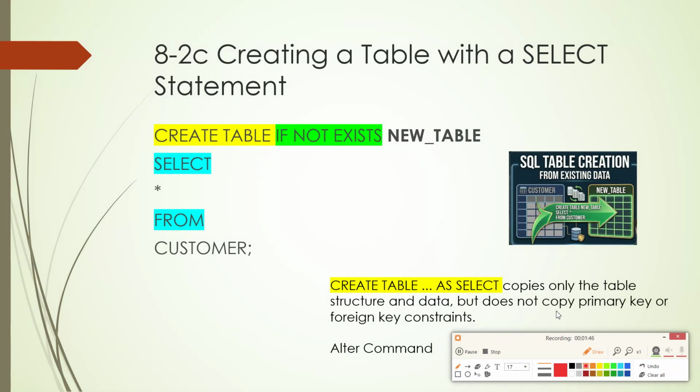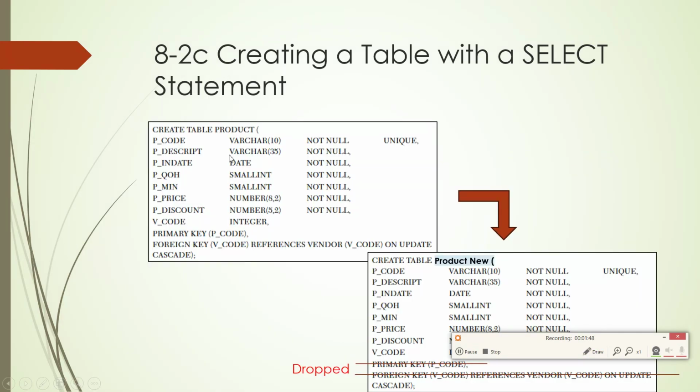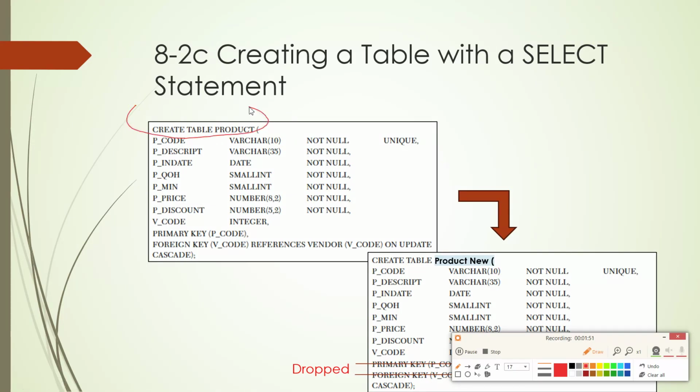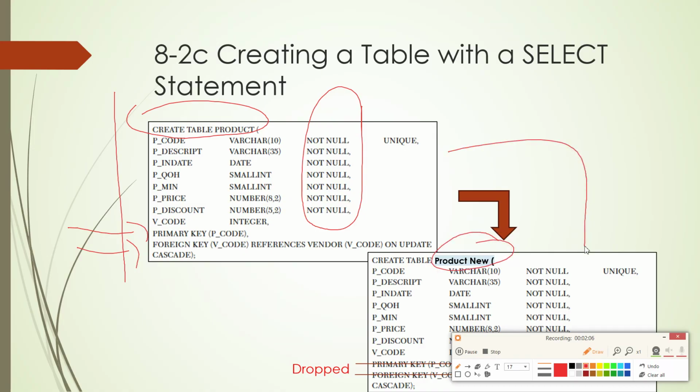So let's see, this is the table product, and we will create it with this script having the primary key, foreign key, and all the characteristics of the attributes, and we will be creating this new product underscore new, which will carry this whole structure and whole data except the primary key and foreign key constraints.